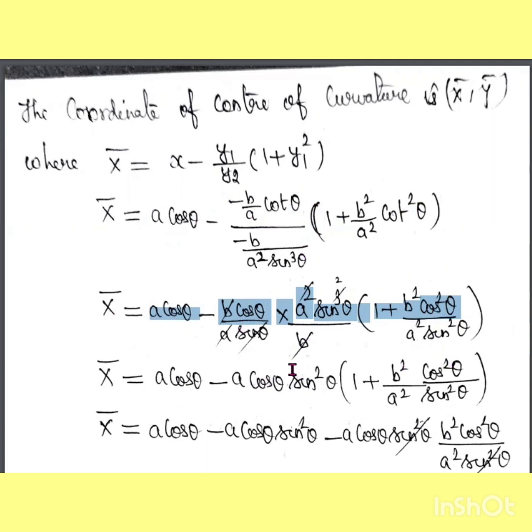As you are watching, b cancels, a into a square, a will cancel, and sin cube theta can be cancelled, leaving sin square theta.